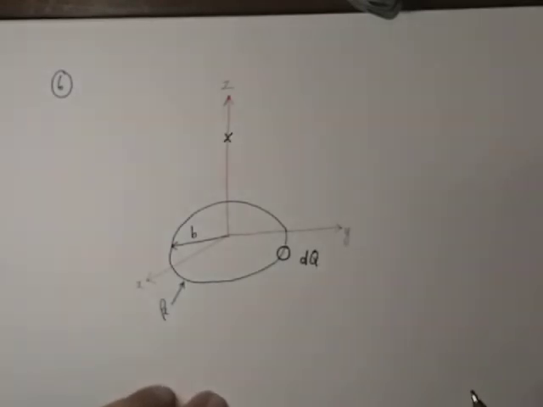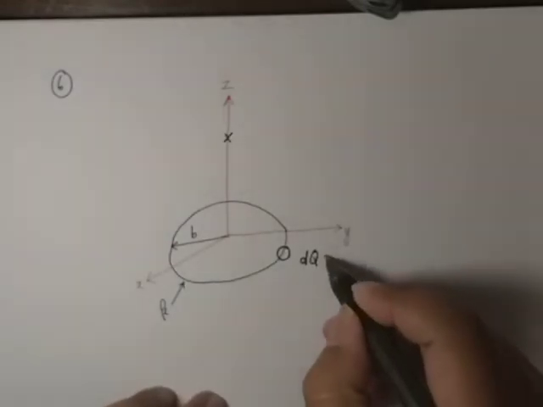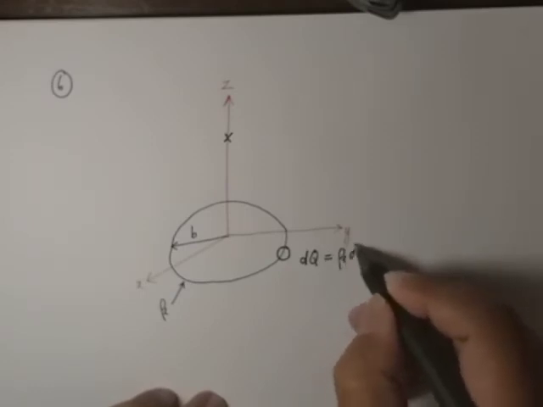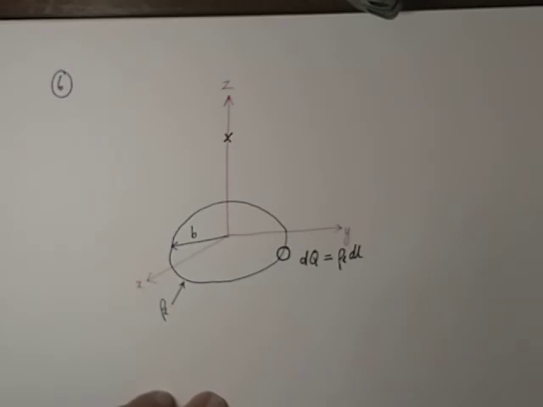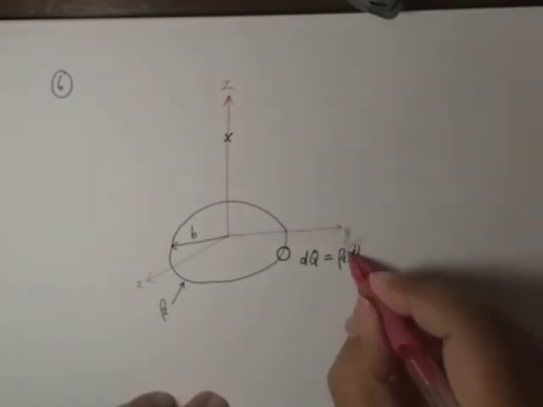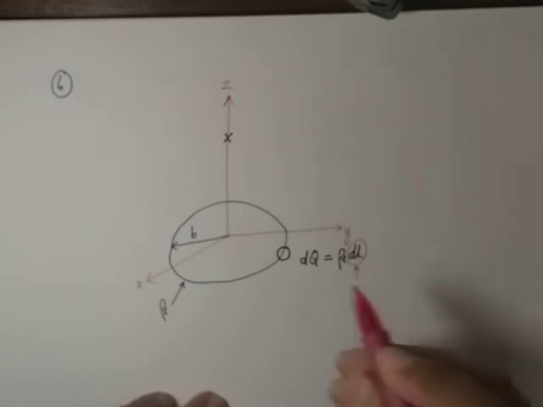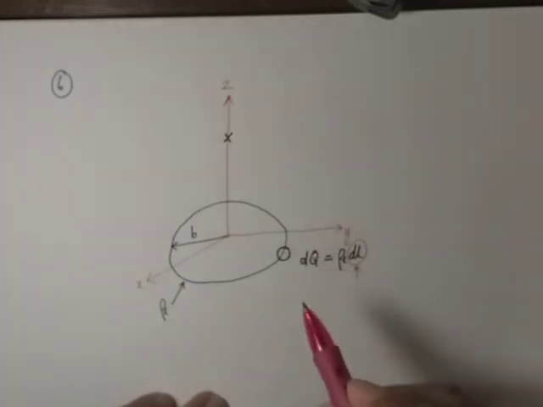I know, based on the model of line charge, that dQ must be equal to rho L dl. Then, based on my model mathematics in handout number 2, the dl that I'm going to substitute must be represented by the change of the phi angle.